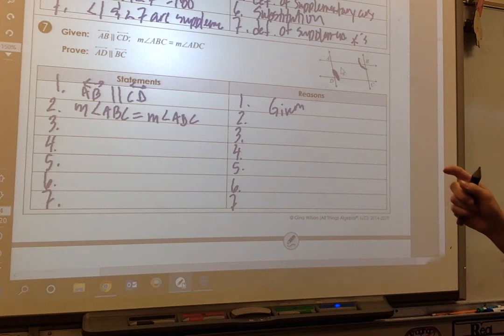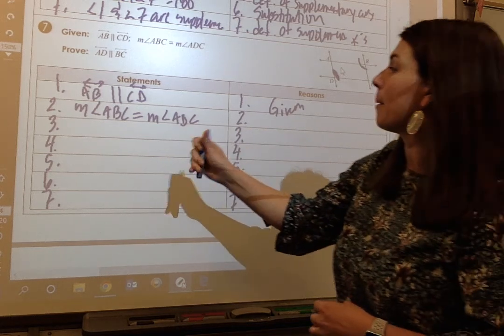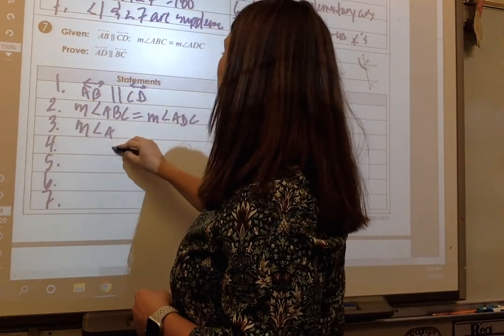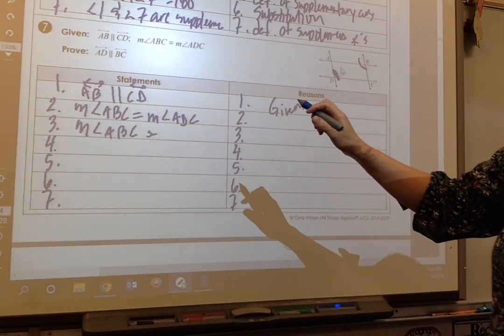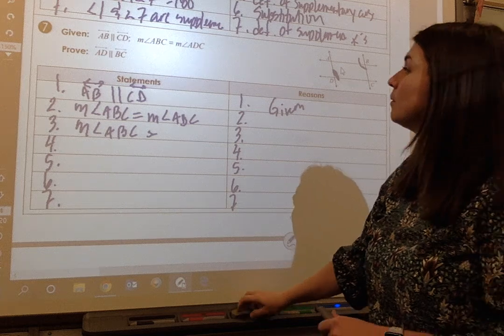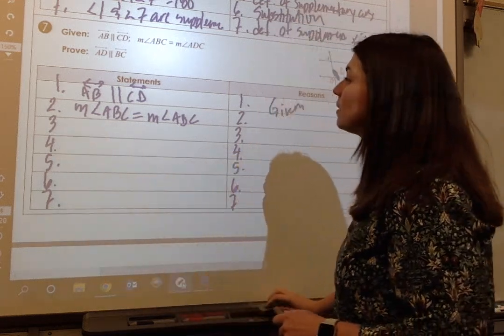I can say that the measurement of angle ABC is going to be equal to the measurement. No, that's not what I'm going to say.